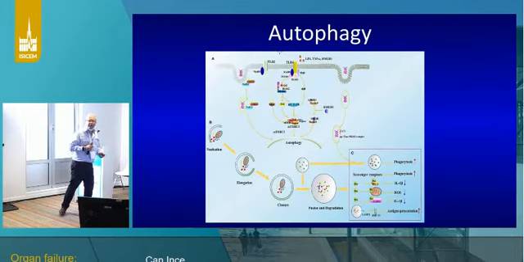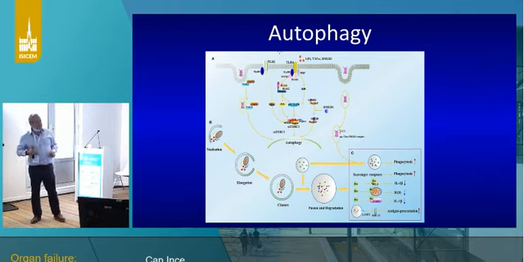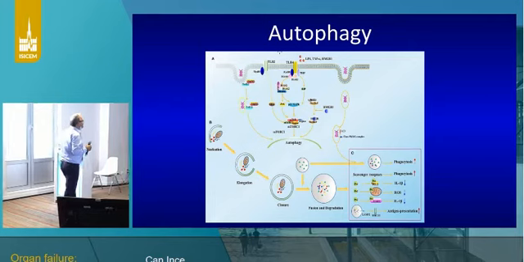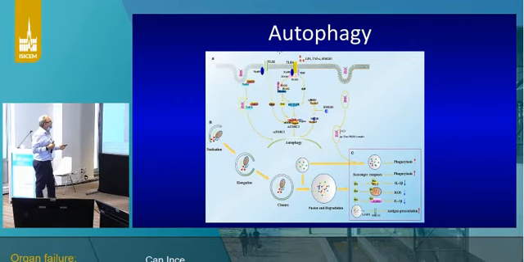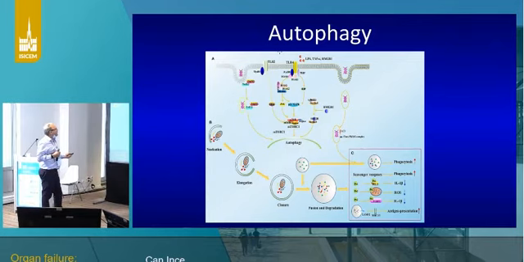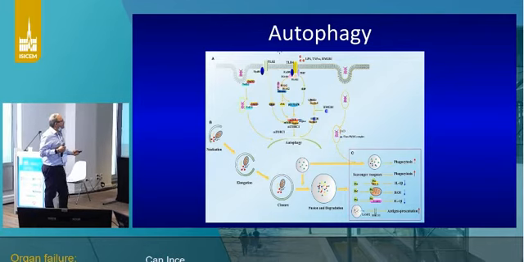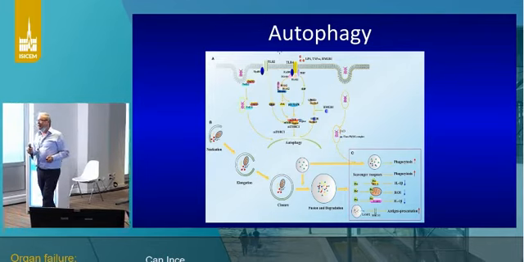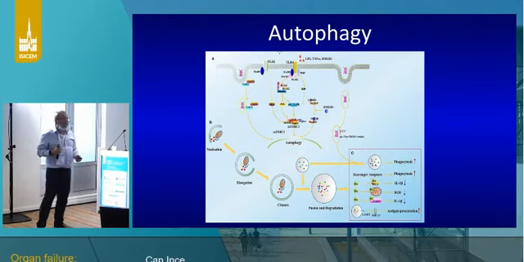So then we have autophagy. So this is self-eating. It is cannibalism, actually. So basically what happens in autophagy, which can also be induced by extrinsic or internal factors, is that a number of intracellular organelles or molecules are decided to have to be cleaned up.